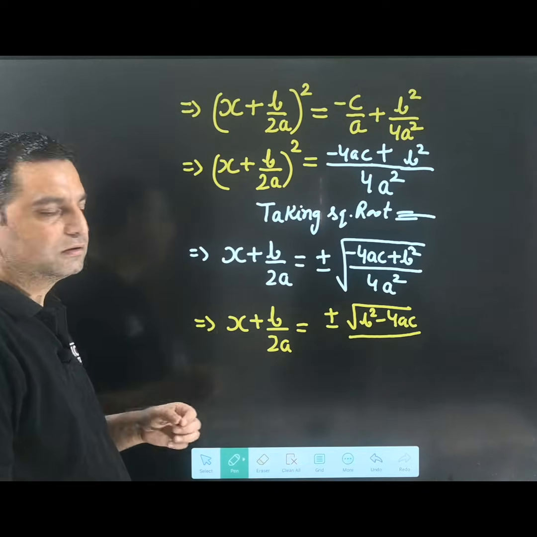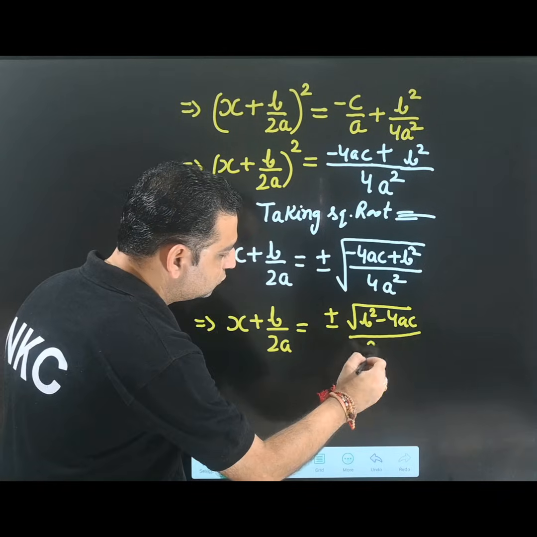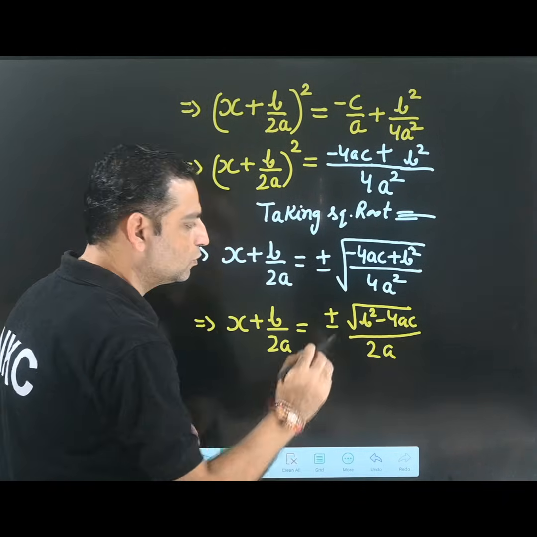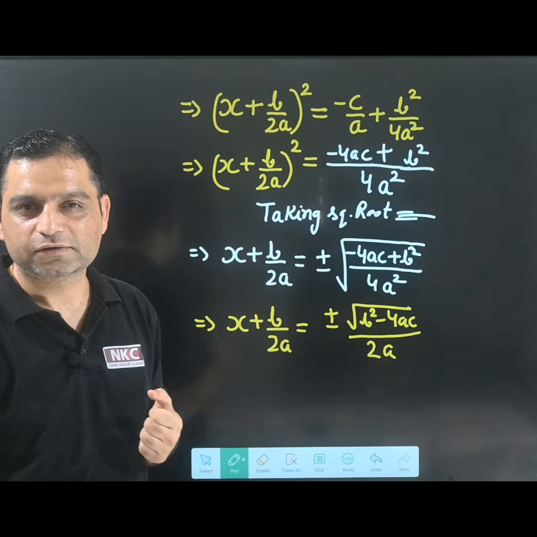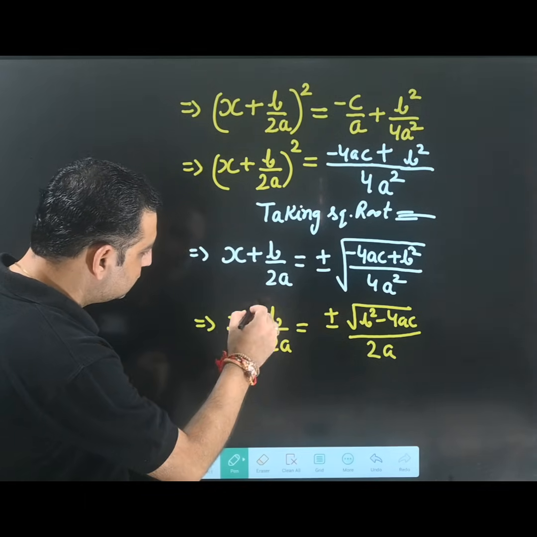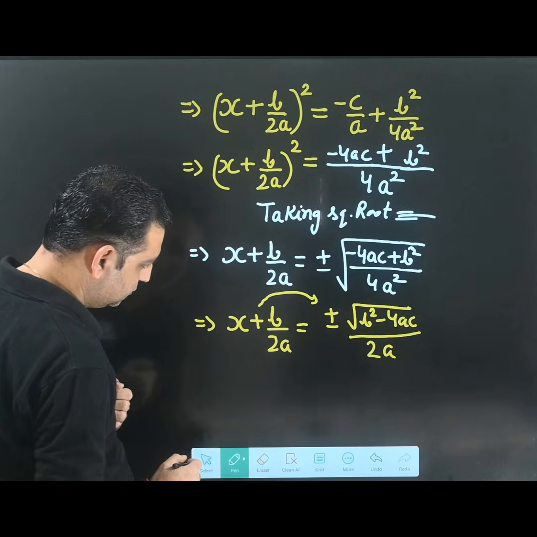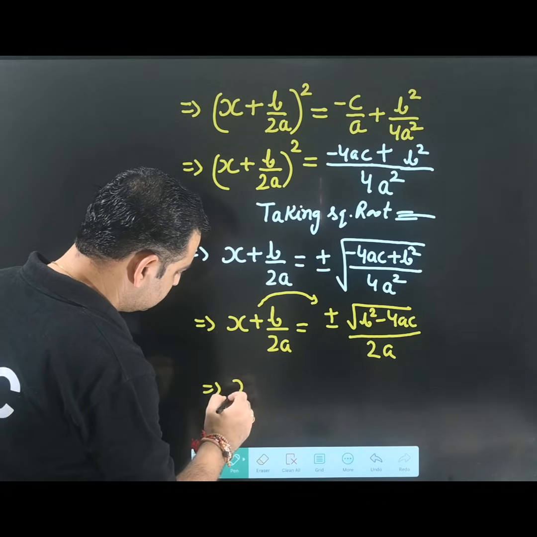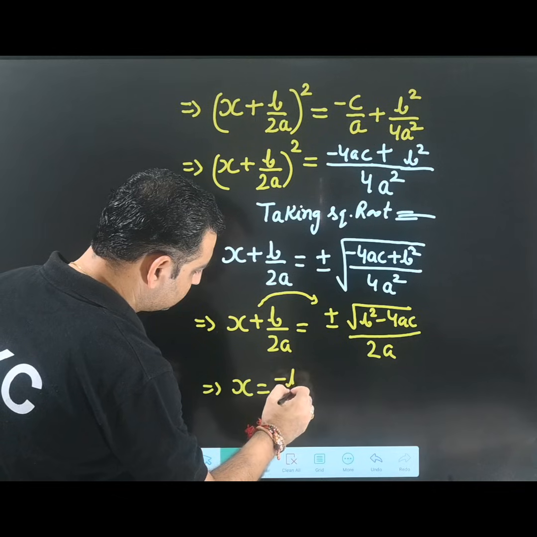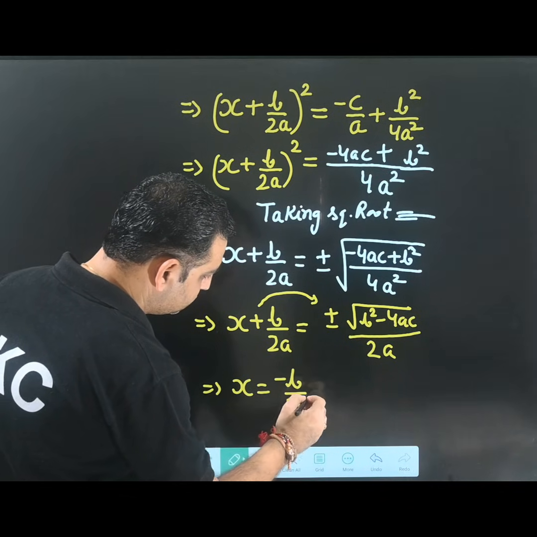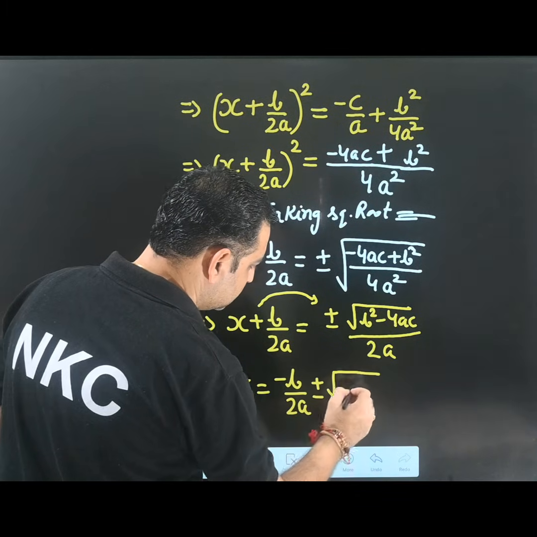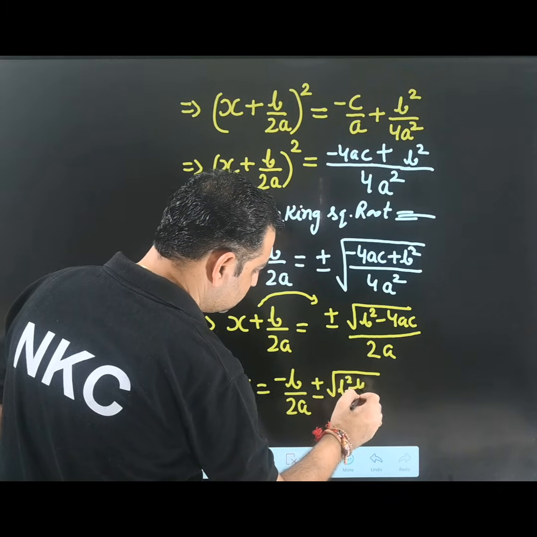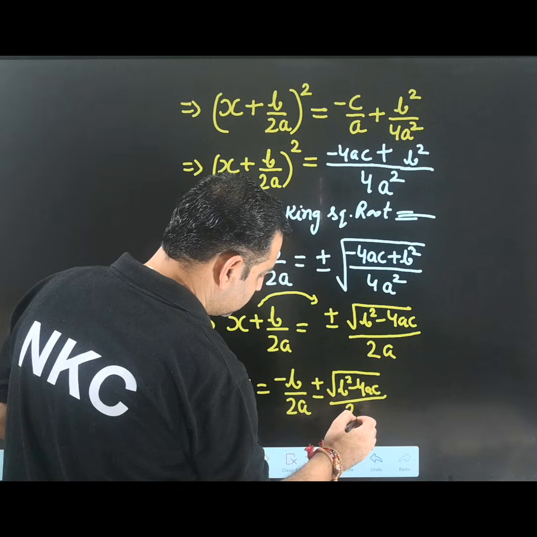But in the denominator, square root of 4 is 2, square root of a square is only a. So I'm getting 2a, and the square root is removed from the denominator. Then in the next step, move this b upon 2a to the right side. It will become minus b upon 2a. Then everything else remains same: square root of b square minus 4ac upon 2a.